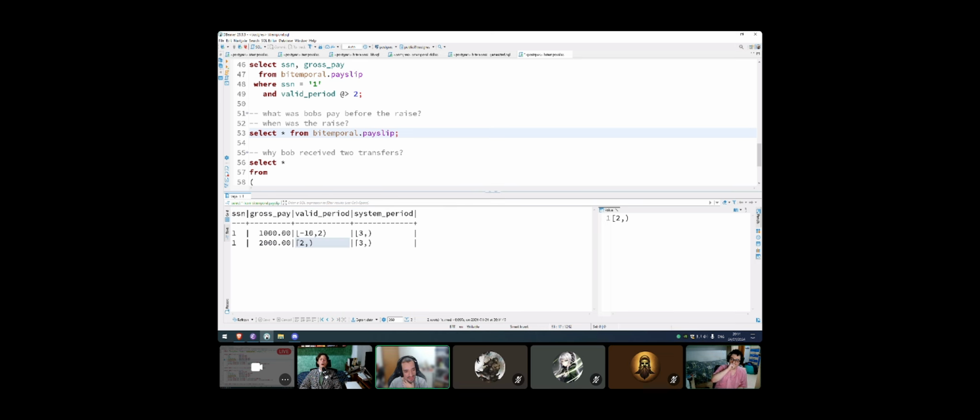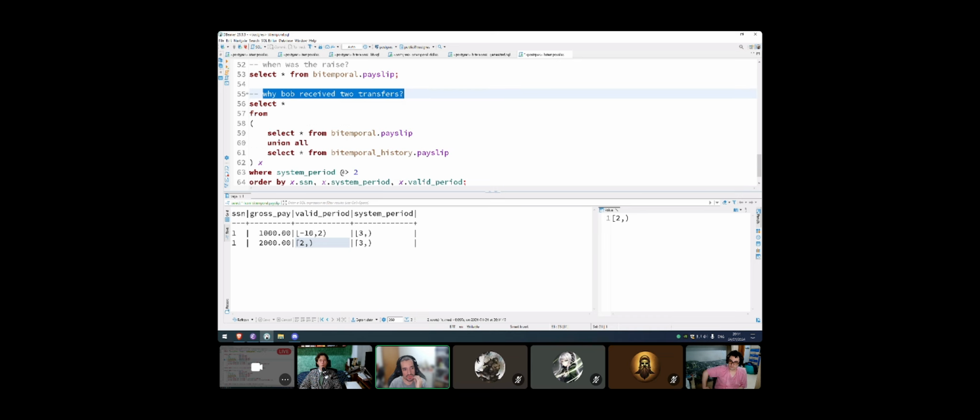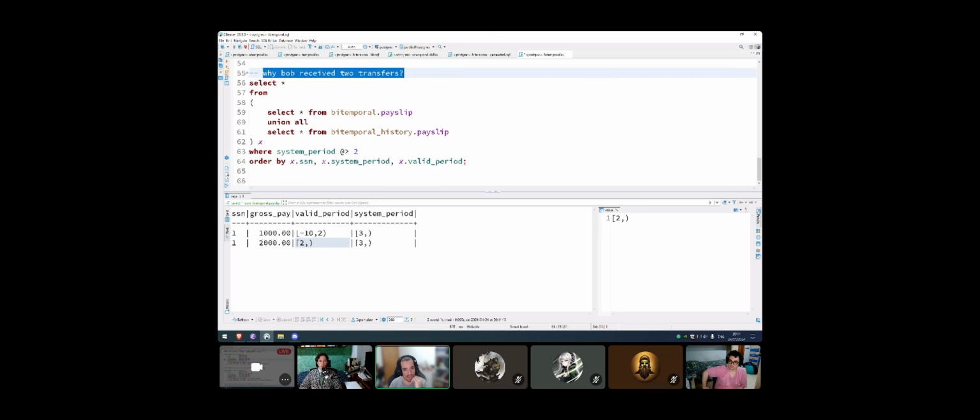It's already here. And we could ask why the two transfers. In this case, I could do this, which is the main table, the current stuff, plus the history of that relation. We do the union, and look at the system time too.